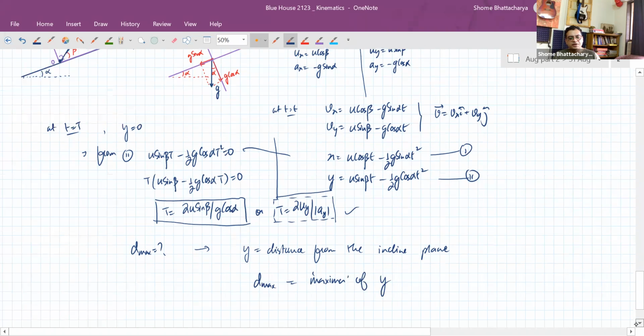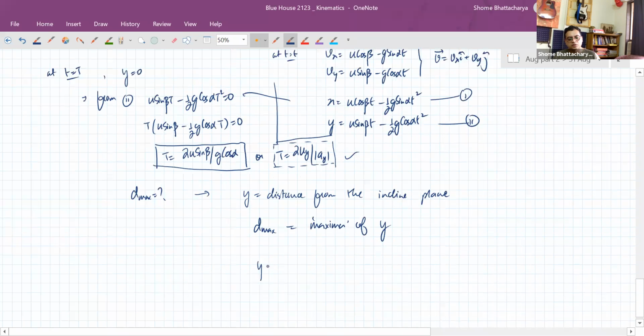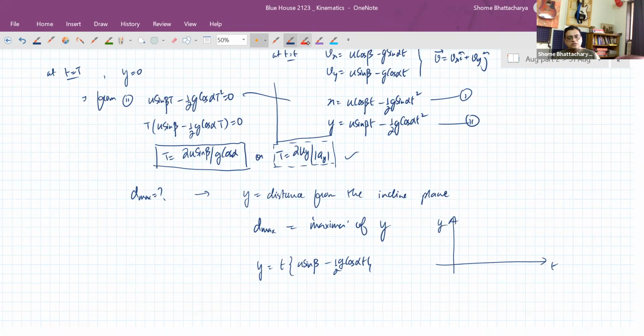If you look at this function y as a function of time, you realize that it's a quadratic function. How does the y coordinate look as a function of time? Graphically speaking, it looks like this.